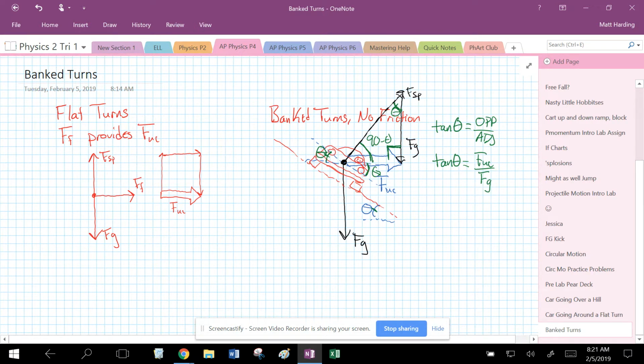And again, you're going to calculate that gravitational force by taking m times g. So mg tan theta equals the F_UC, but again, that's for banked tracks with no friction.